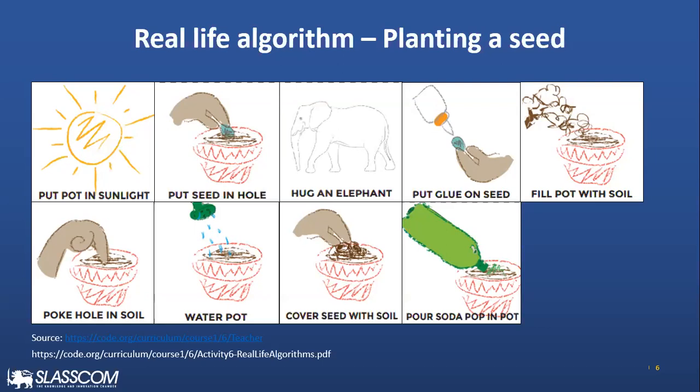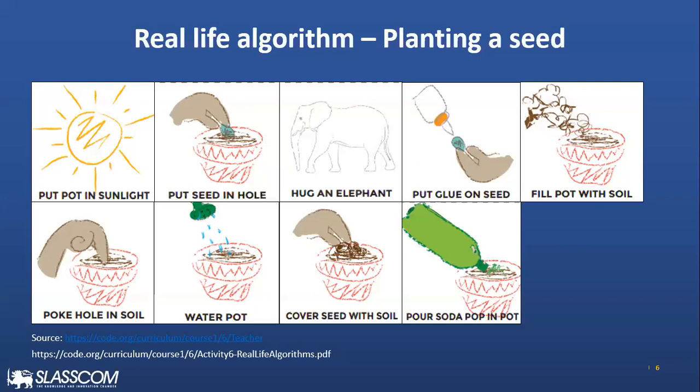The first one, put pot in sunlight. Does that sound like a step in a planting a seed algorithm? Yes, it is. What about put seed in a hole? Yes, it is. What about hug an elephant? No. Why do you need to hug an elephant? Everybody would agree. What about put glue on seed?